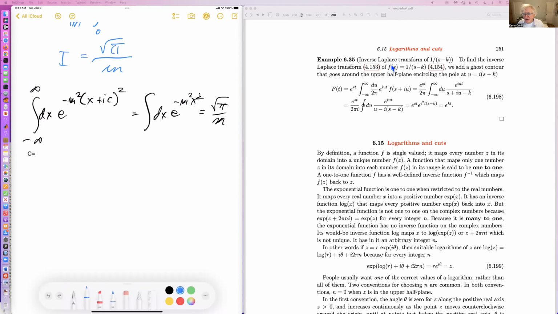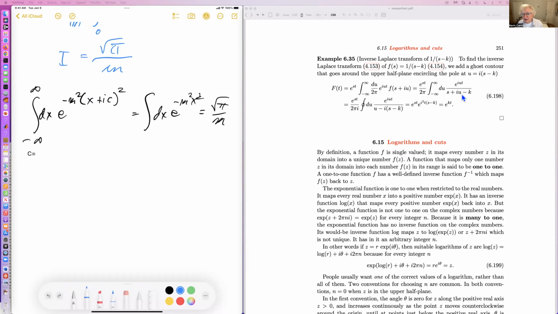Now, f of s is 1 over s minus k, so replacing s by s plus iu, we get this expression. And now, what is that? Well, that is an integral now, and we can add a ghost contour that goes around the upper half plane.